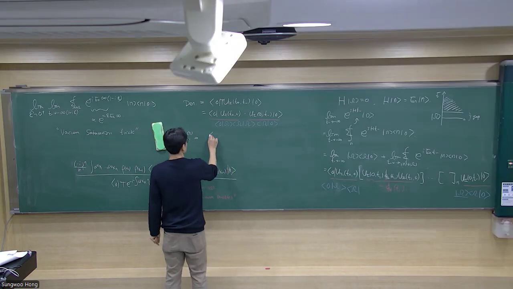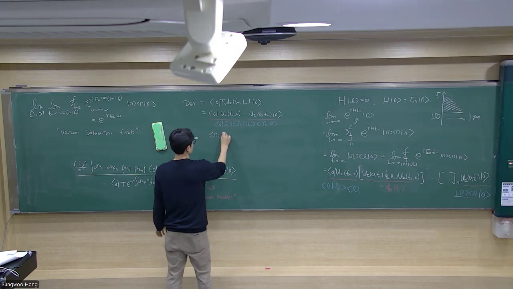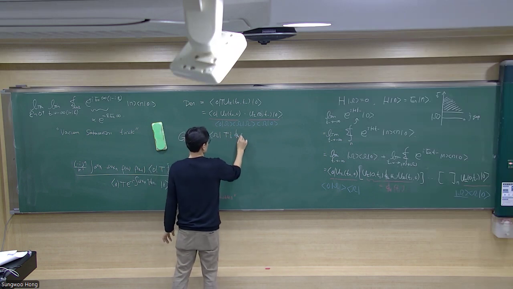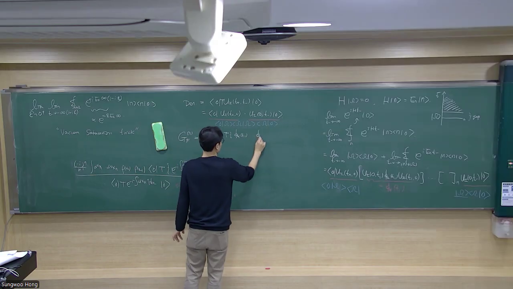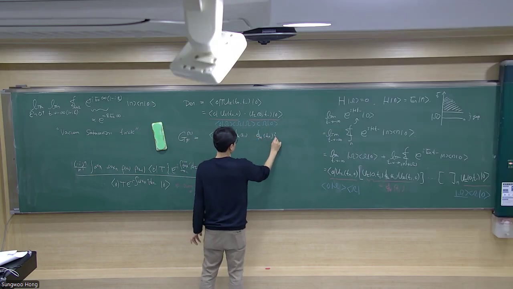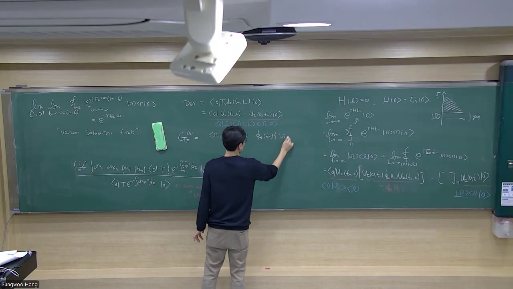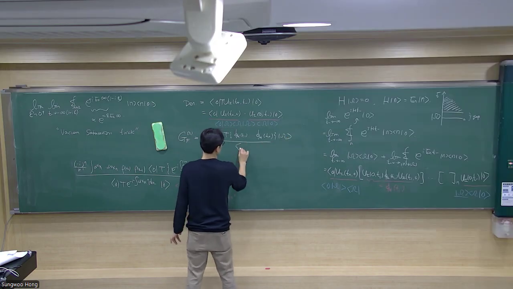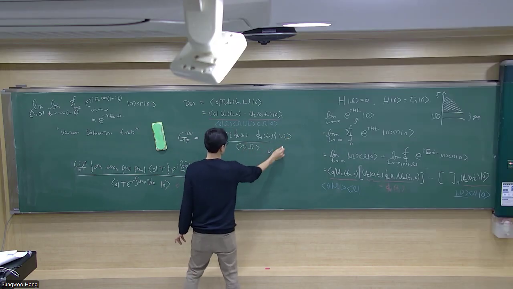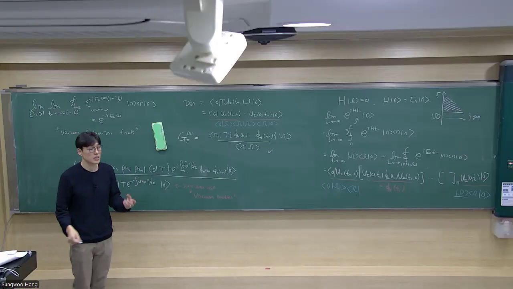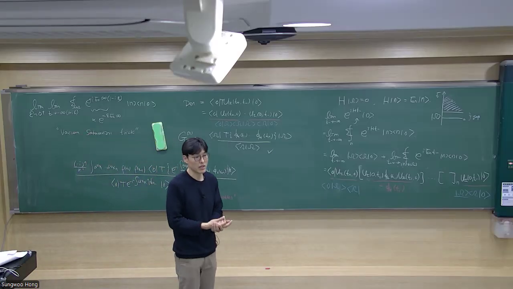You get this time ordering of fields in the Heisenberg picture. Again, I'm just writing time, but I mean this flex. And that was the object we defined non-perturbatively.